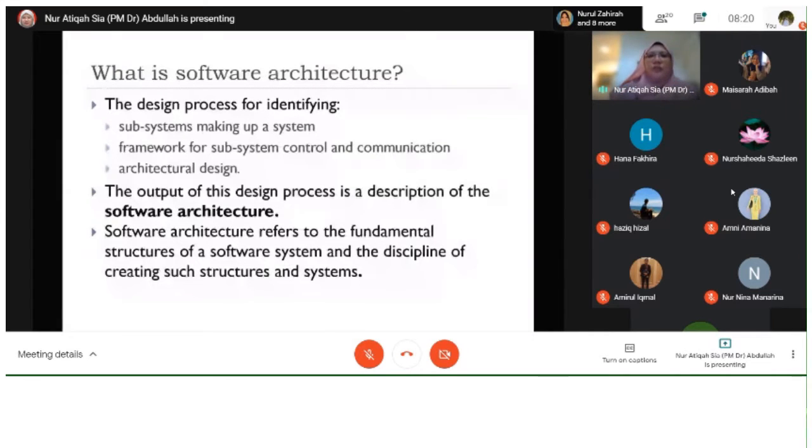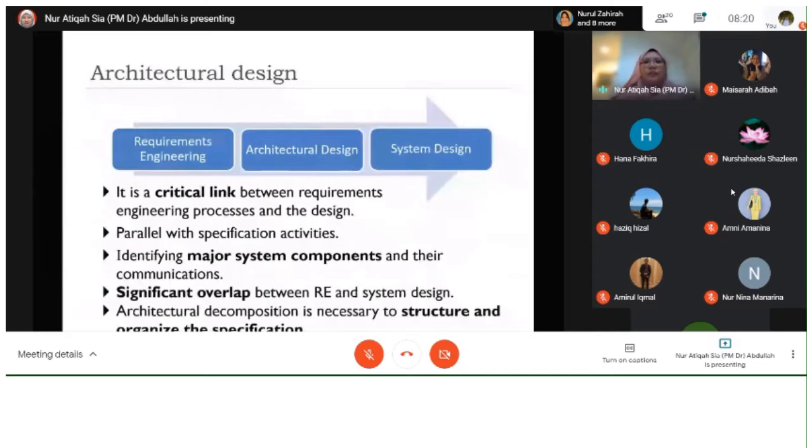Inside architectural design, we are in the middle between, as I mentioned earlier, requirement engineering and software or system design. So it is a critical link between these two phases. When you have requirement engineering, you might use some graphical or tabular format to explain it to your clients, the end users, and so on.